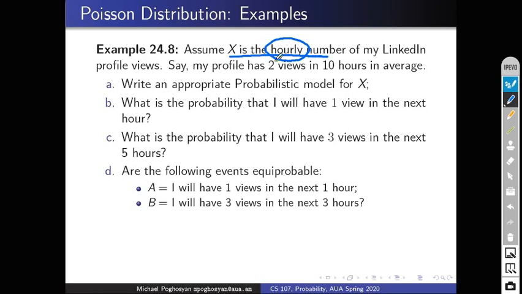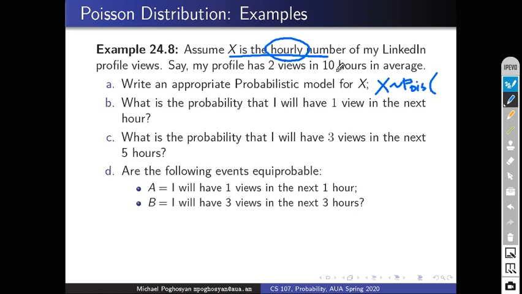So, of course, we will use that LinkedIn profile views are rare events, so I will use the Poisson distribution. Now I need to write that parameter. X is the hourly number, so I need to calculate the average number of views per hour.